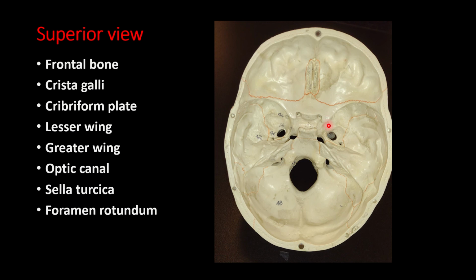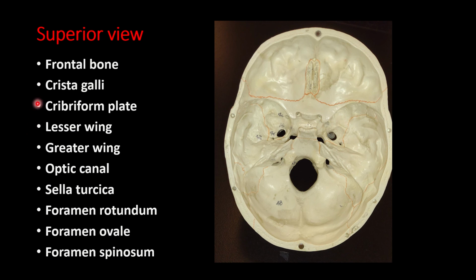And then you have the 3 foramina here on each side. So foramen rotundum, foramen ovale is the bigger one, and foramen spinosum, the smaller one, 3 of them. These 3 foramina are part of the sphenoid. So from here to here, they're all part of the sphenoid.